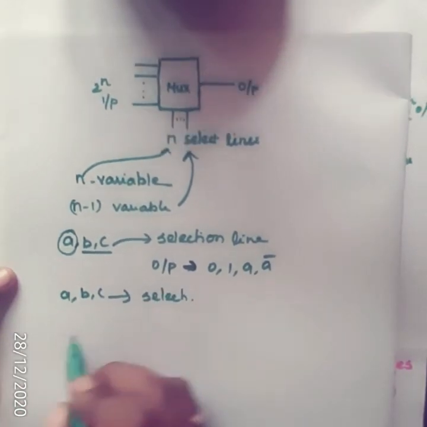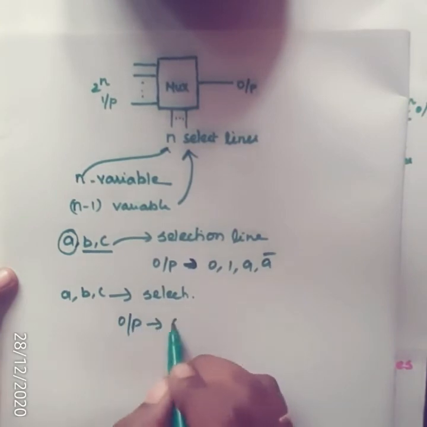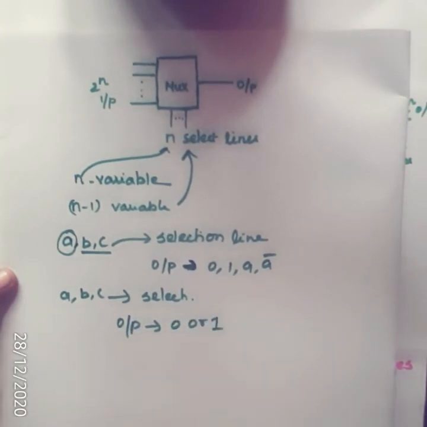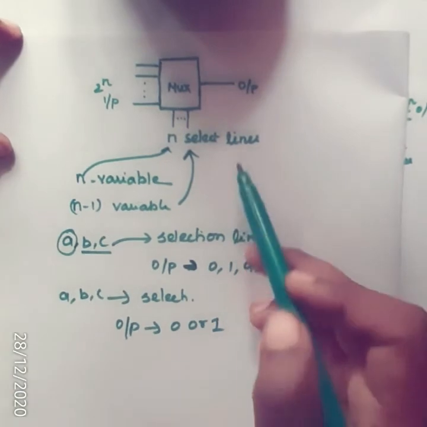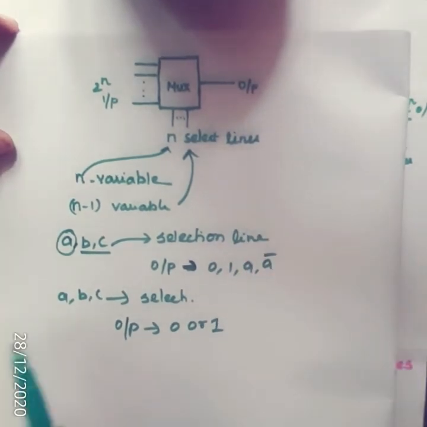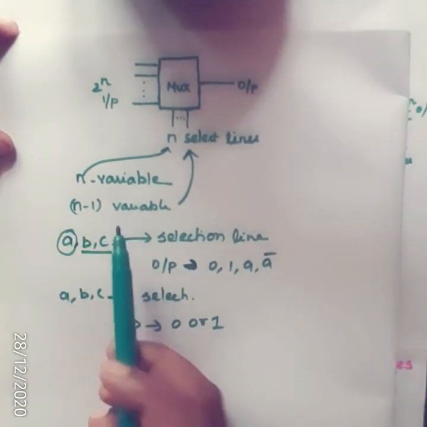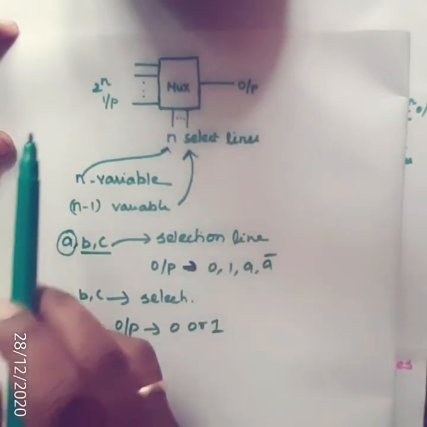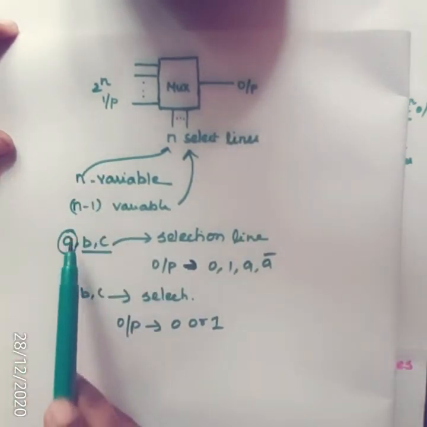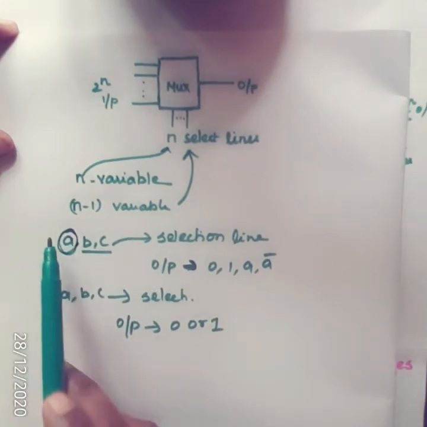In this method, your output is either 0 or 1. So you can implement the n variable Boolean function by giving all the n variables to the selection lines of the multiplexer, or n minus 1 variables to the selection lines, and the output is expressed as a function of the remaining literal.